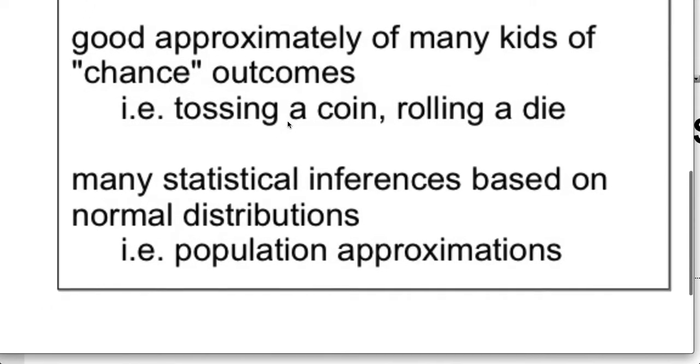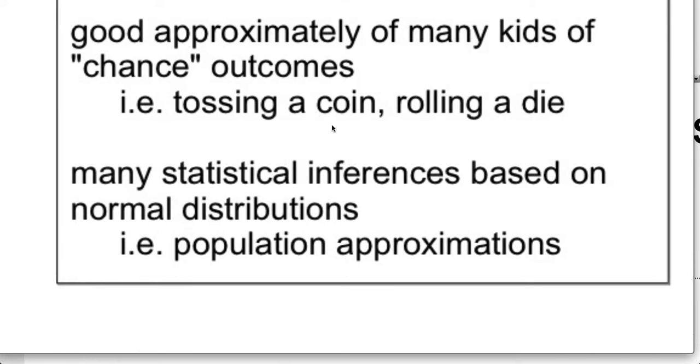It's a good approximate for chance outcomes like tossing a coin or rolling a die. If you toss a coin once or twice, let's just say, it's not guaranteed. In fact, you only have a 25% chance that you are going to get a heads and a tails.